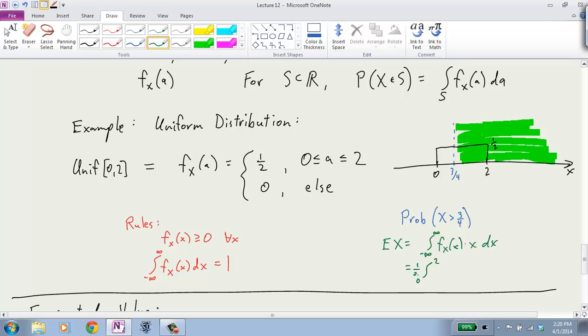Take the 1/2 out front of x dx, equals, here we go, equals 1, 4/4. Okay, so we could have calculated it by formula, but we see again it's going to be this center of mass right here, center of mass of this distribution. That was easy to see by looking at it. Okay.